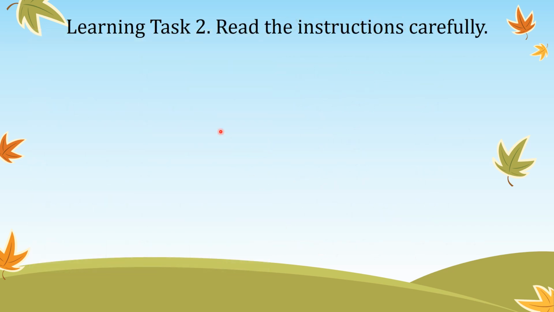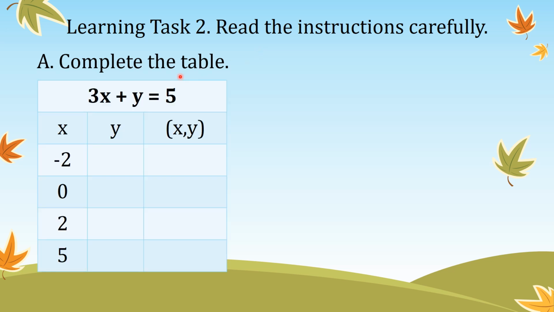So we have this learning task 2. Read the instructions carefully while answering. So we have to complete the table. We are given the equation 3x plus y equals 5. So we have this value for x which is negative 2.